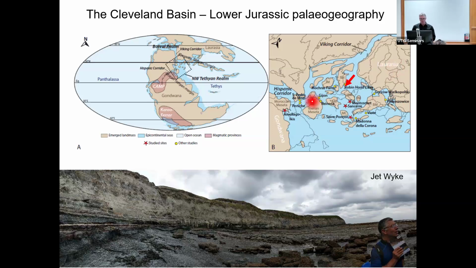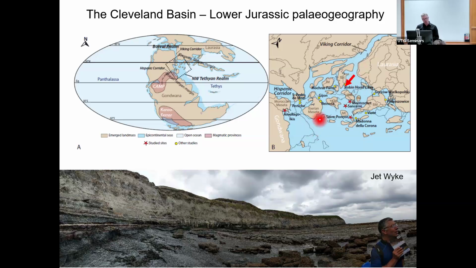And then also there may have been a connection to the Panthalassic Ocean through a seaway called the Hispanic Corridor, which is not particularly well proved in terms of paleogeography, but there are biotic reasons to suggest there was a link through that corridor.